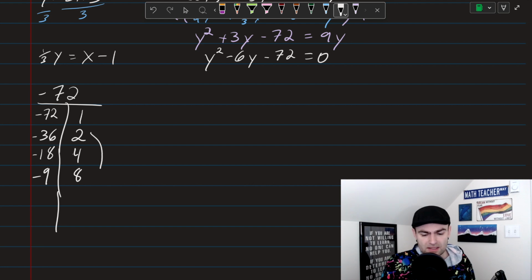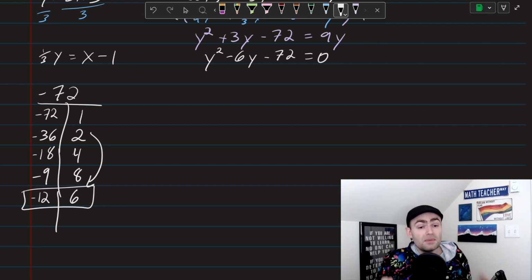So I can start with this one here, and instead of taking a 2, I'm going to take a 3. So 36 divided by 3 would be negative 12. 2 times 3 is 6, and those sum to negative 6. So be methodical about it. You don't have to go through every single factor. There are more. Be methodical.